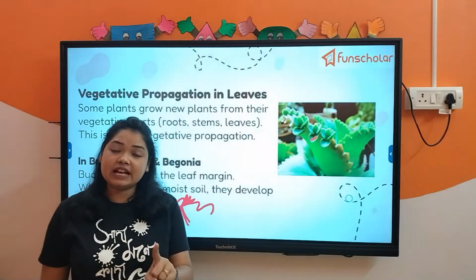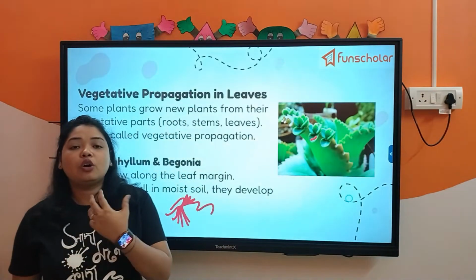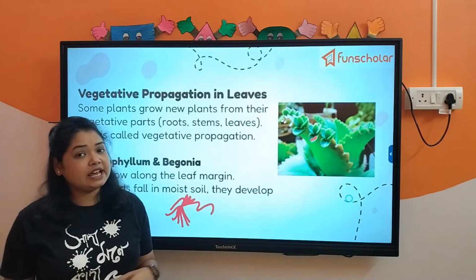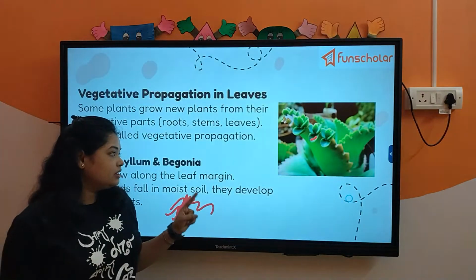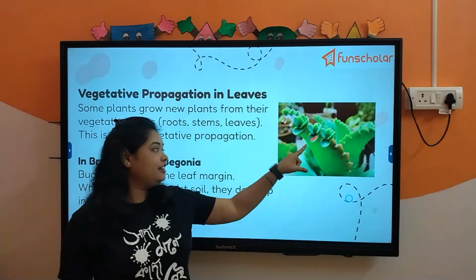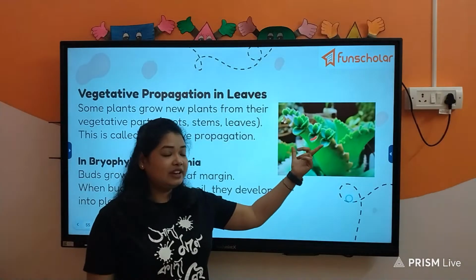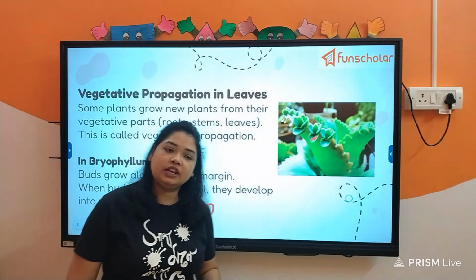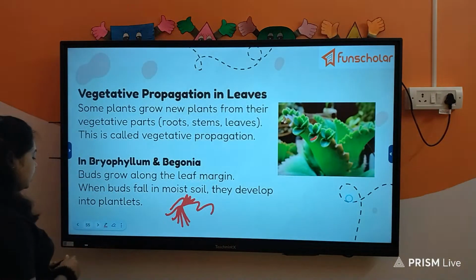So from a single leaf, a whole lot of plants can grow, because each notch of the leaf will bear leaflets capable of growing into a single plant.